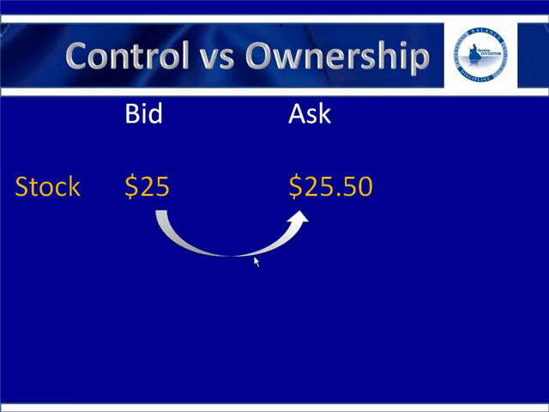Now, this is called the spread, the difference between the two. The difference between these two, 25 and 25.50, is a 50-cent spread. Where does that money go? Well, that money goes to the floor trader, to the market maker, to the one who's actually creating the fair and orderly market. For them to stand on the floor and make a market for this stock, they're going to take their spread.